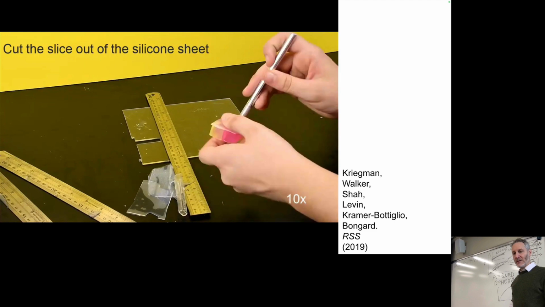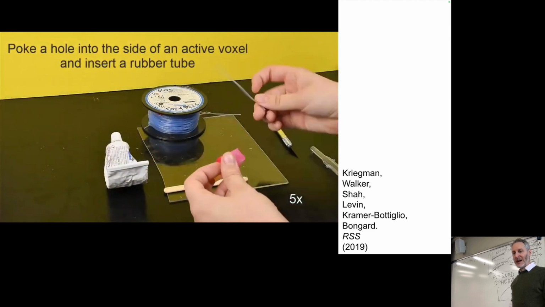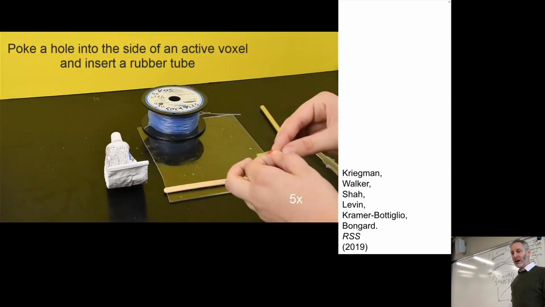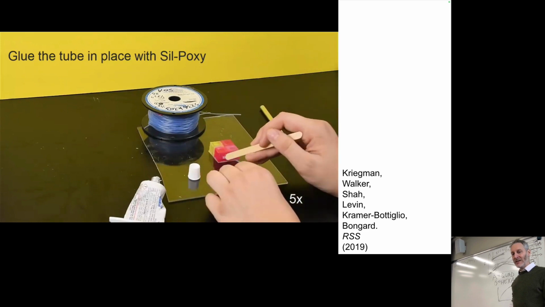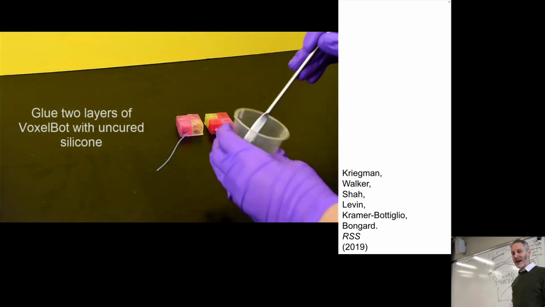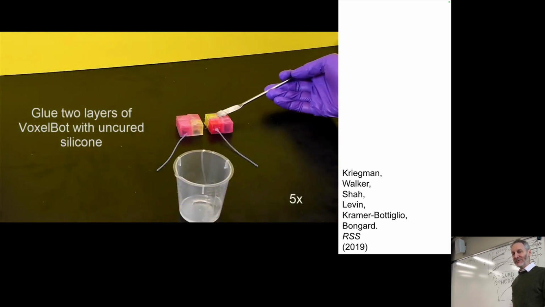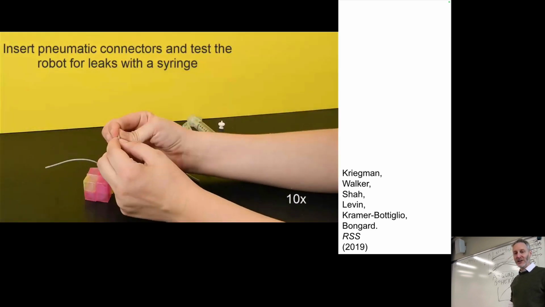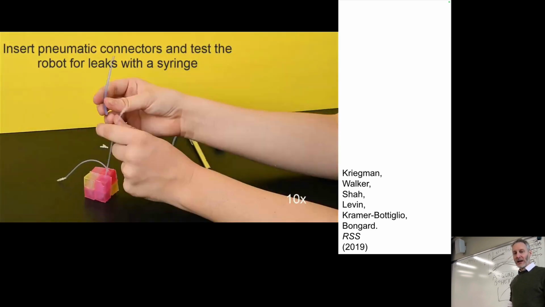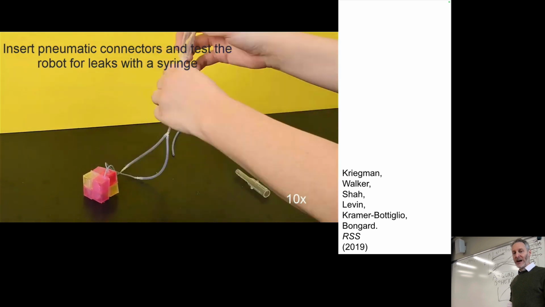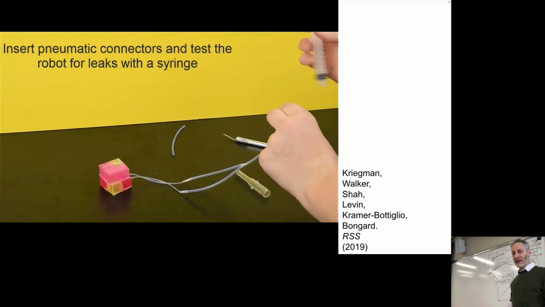Release it from the remaining dragon skin, put a little air tube inside, and seal everything up with more dragon skin, which solidifies into soft rubber silicone. Put a few valves on, and there you go.